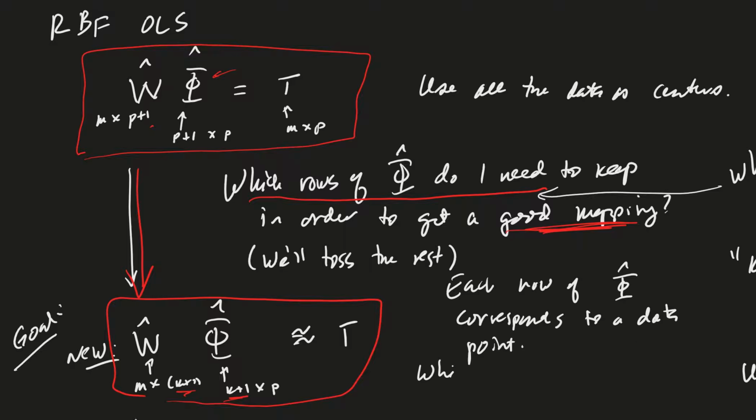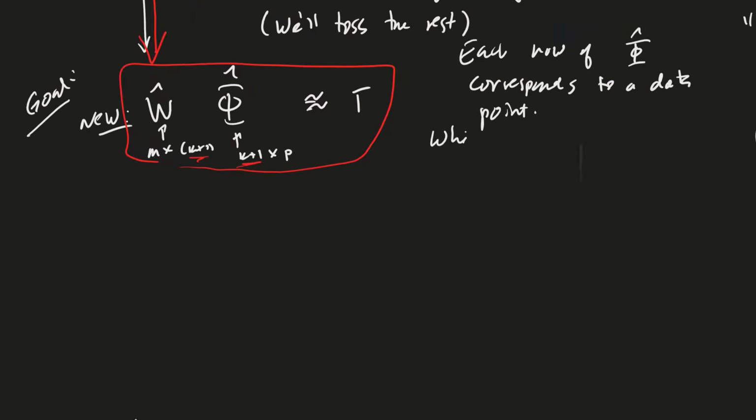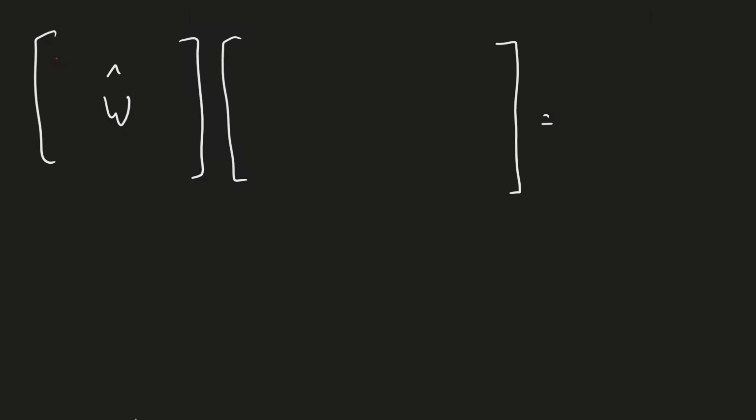Okay, so this is the goal, and how am I going to do this? Let's take a look at what we have when we're starting off in terms of the rows. So I've got my matrix W, my matrix W hat, and I'm thinking of the rows as being long, right?